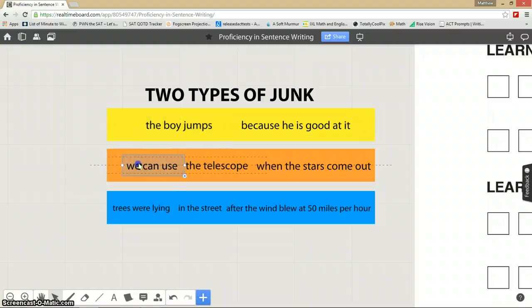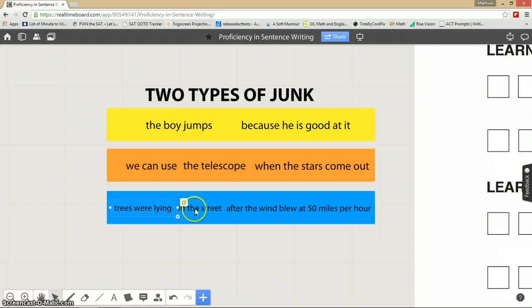So moving down here, we can use the telescope. Here's some junk, but that isn't a clause kind of junk. It's not a dependent clause kind of junk. Here is a dependent clause bit of junk. The stars come out, that's a sentence killed off by its opening word when. This is another one.